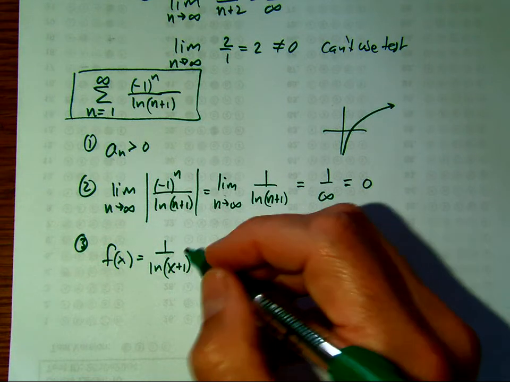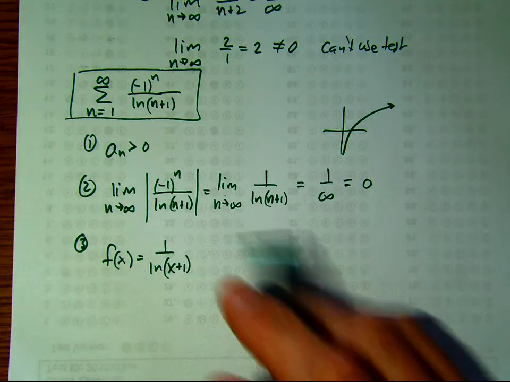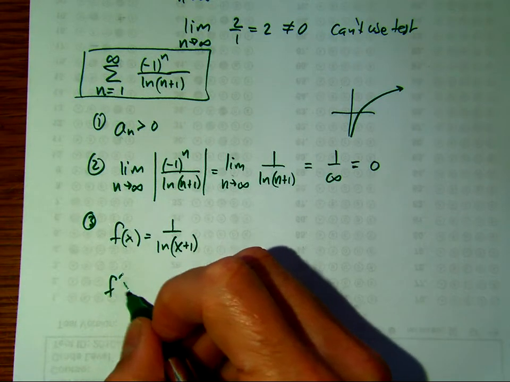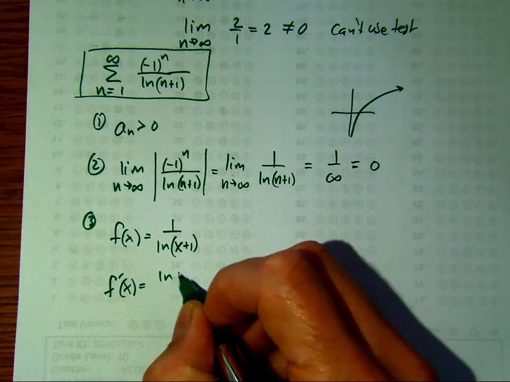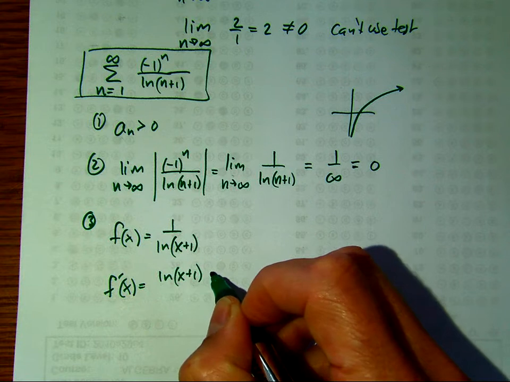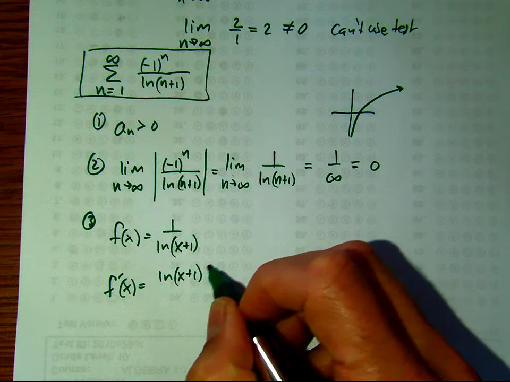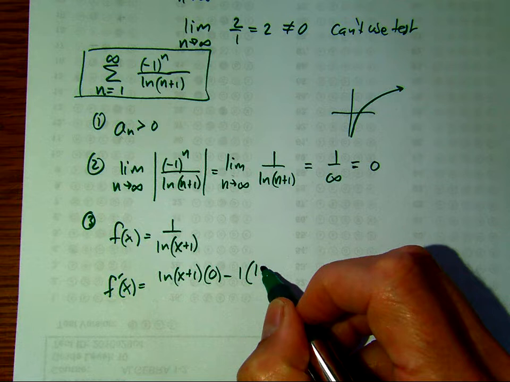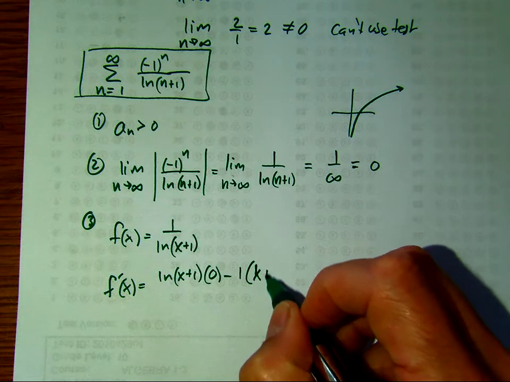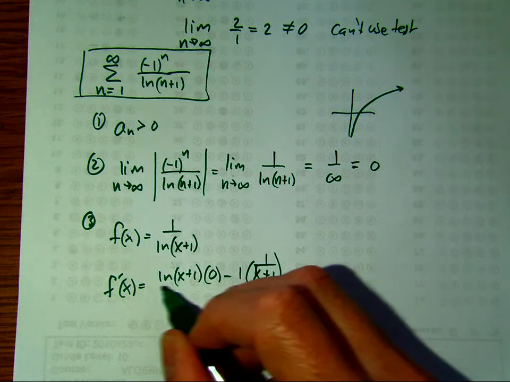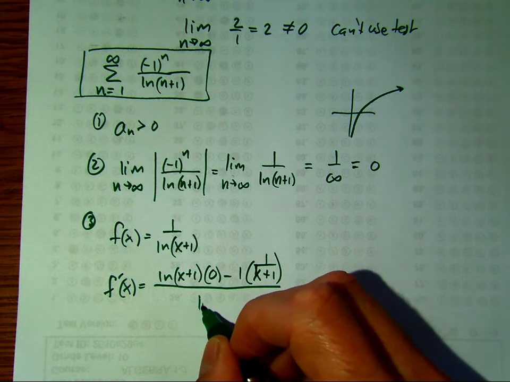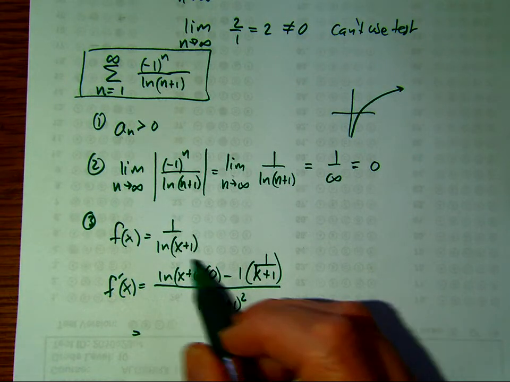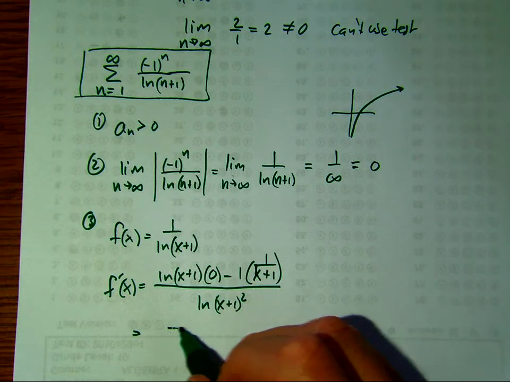And we'll find the derivative. We want to know if the derivative is always negative, and that means the sequence is decreasing. So denominator times the derivative of the numerator, derivative of the denominator, so we have 0 minus that, so we have negative.